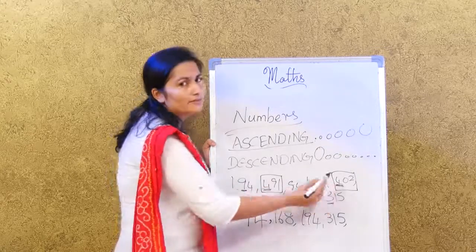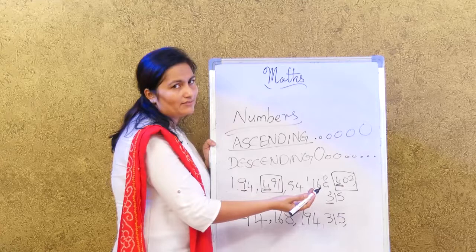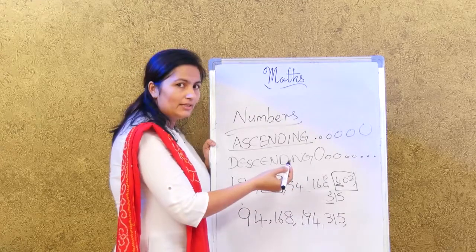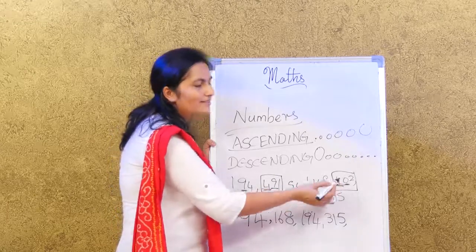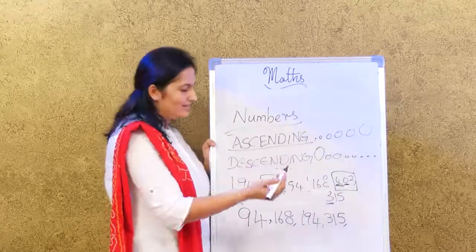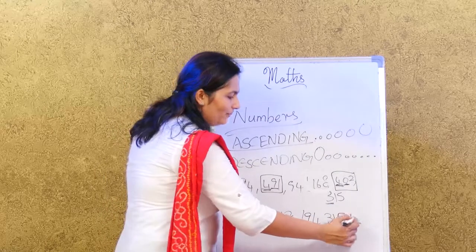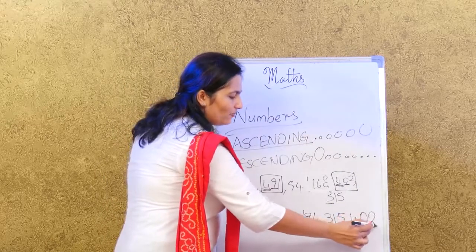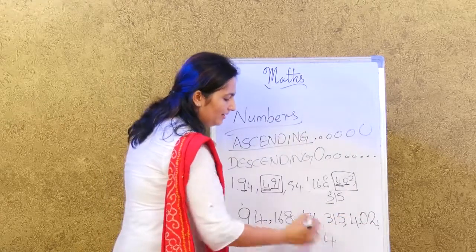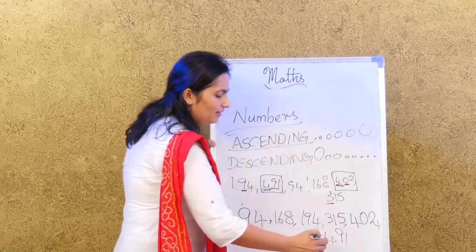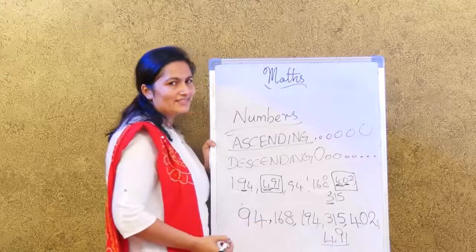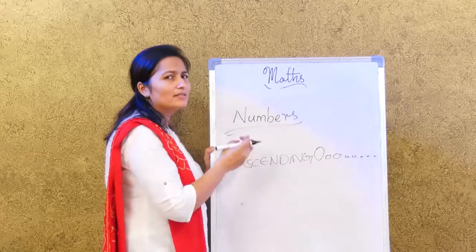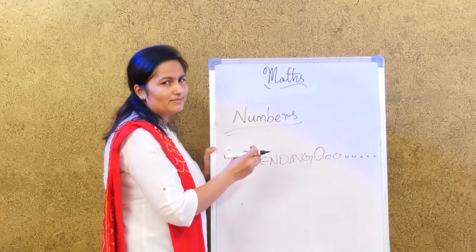This is the same 400. Okay. Let us move on to the tens to get our answer. Here it is 9, here it is 0. We got the answer. So, we write 402 and then 491. This is smallest to largest.